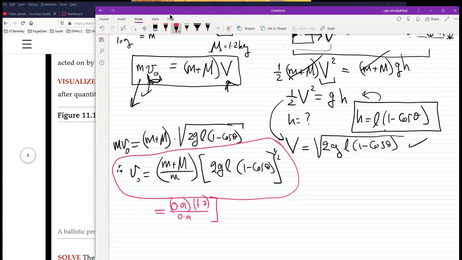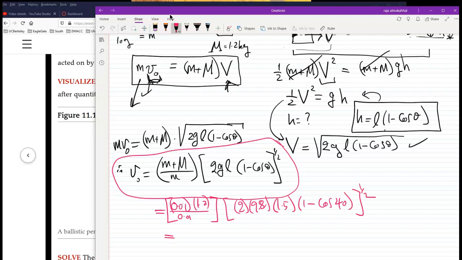That's the first thing for the masses. Then 2 times 9.8 times the length, which is 1.5, times 1 minus cosine 40 degrees, all of that under the root.